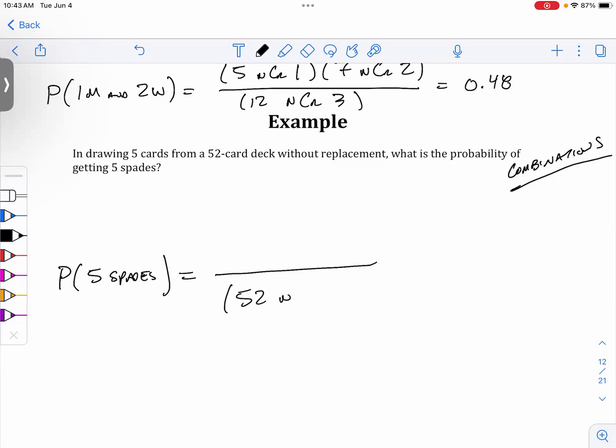I have 52 NCR 5, and I know that's like 2.5-ish plus million. Then in the numerator, 5 spades. So remember we talked, there were 13 of each of the 4 suits, which means that picking just that one suit, there are 13 spades, and I want to select 5 of those.